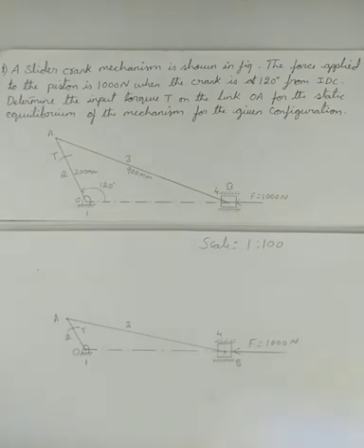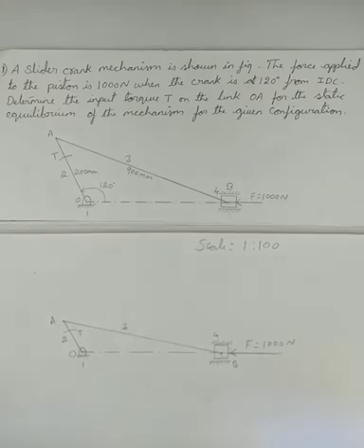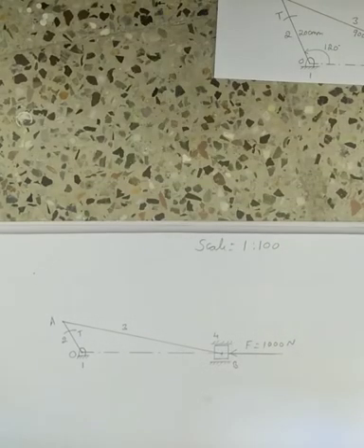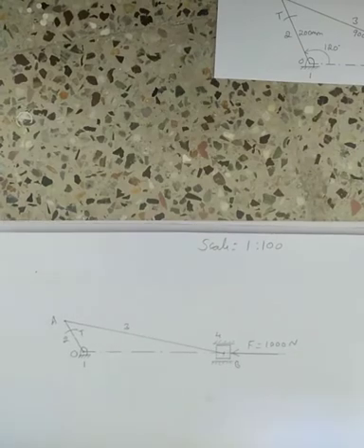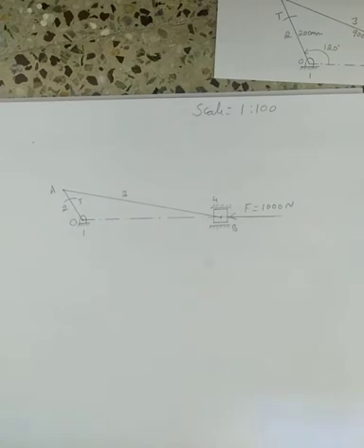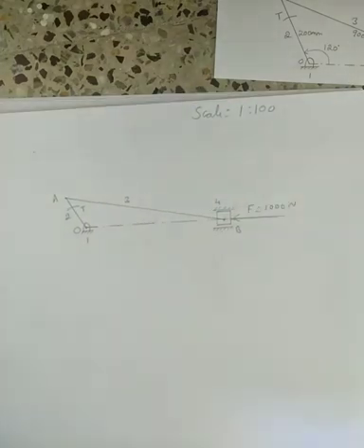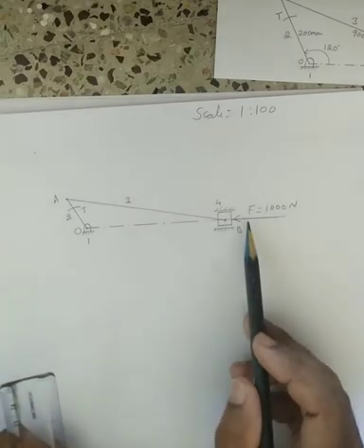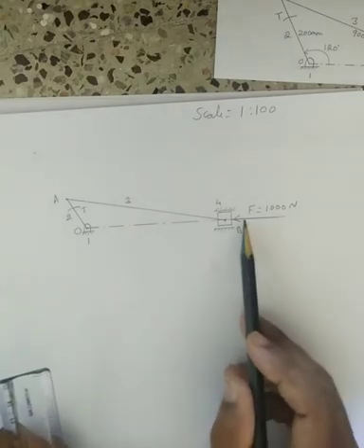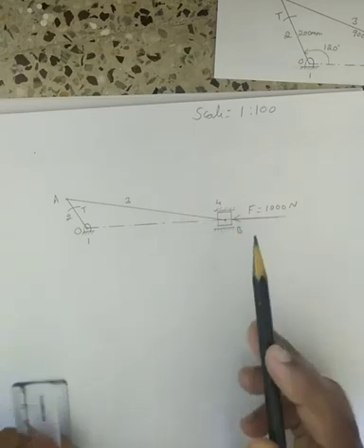Now I have to draw the free body diagram. We don't need the question now, as we can see it in the diagram itself. Now I have to draw the free body diagram for the links. First I will start with link 4, because link 4 is acted on by three forces. One is the applied force, one is the force from link 3, and one is the force from link 1.